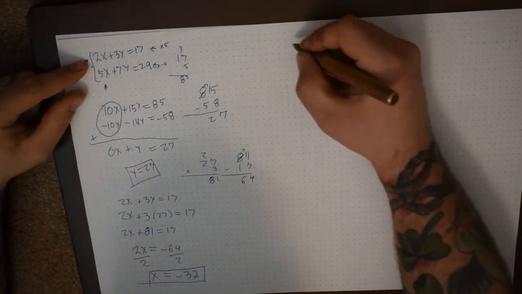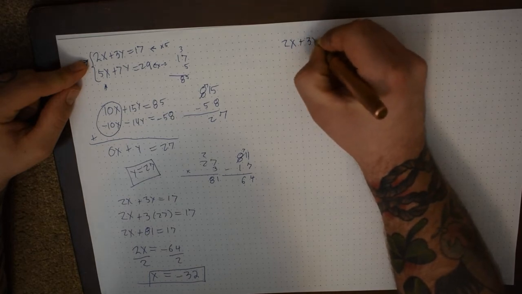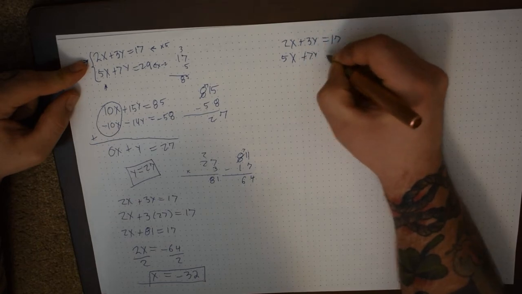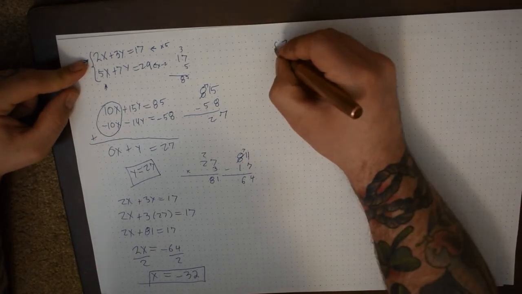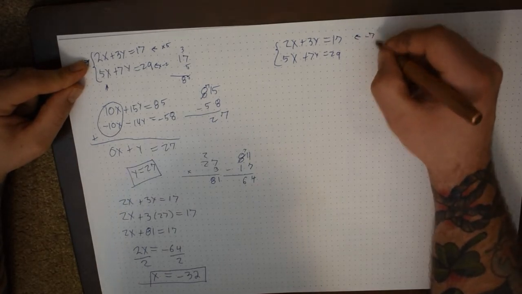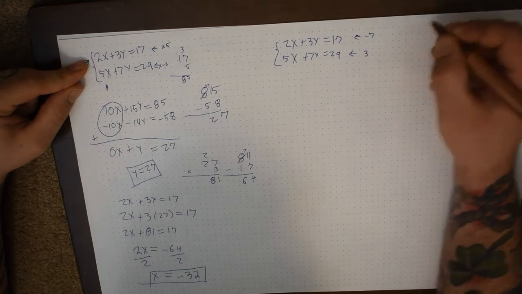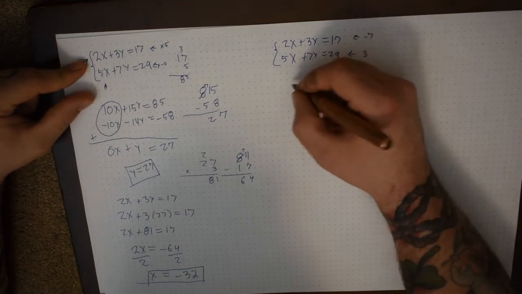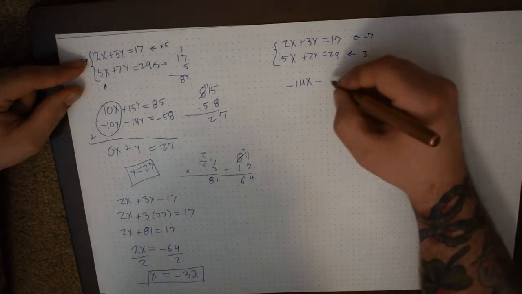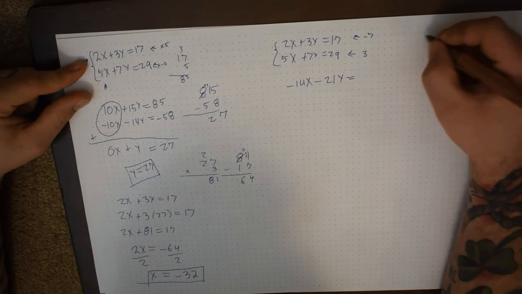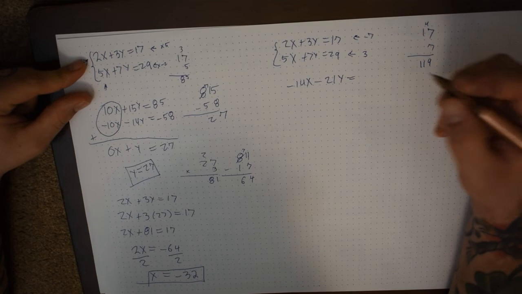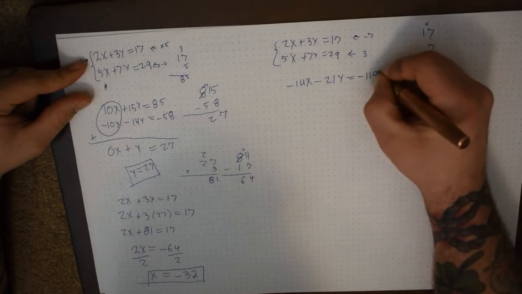We could have taken these equations, 2x plus 3y is equal to 17, and 5x plus 7y is equal to 29. And we could have, say, multiplied this top equation by negative 7, and this bottom equation by 3. That would have given us negative 14x minus 21y is equal to negative 119.